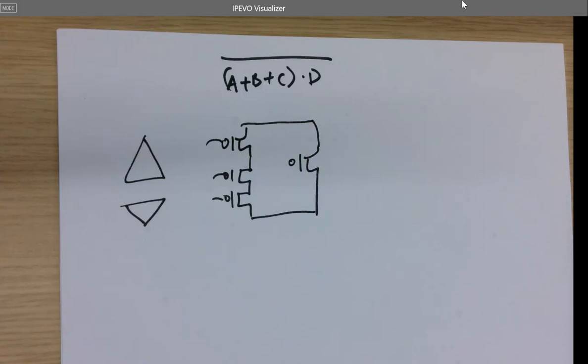Okay, and then this wire getting split into the other one in parallel over here, which is D. So that's the schematic for this layout, right?